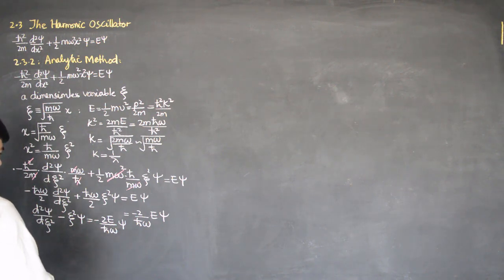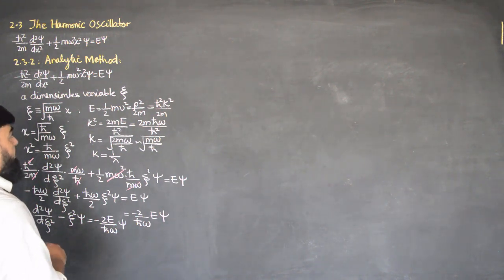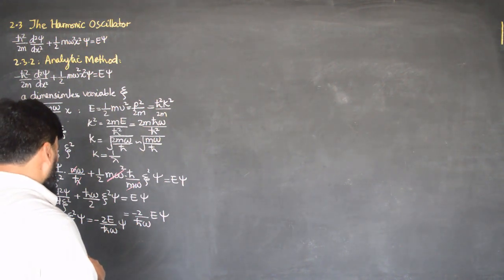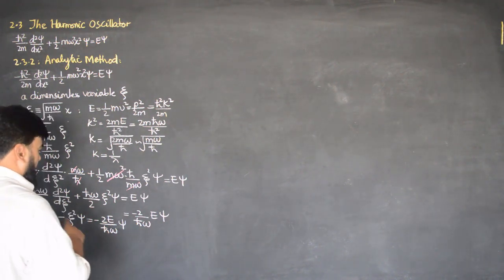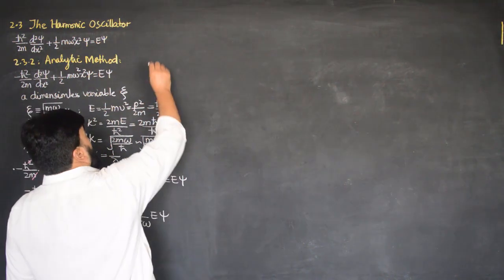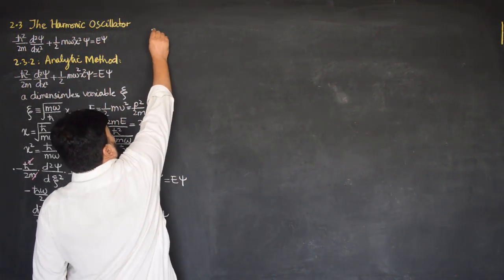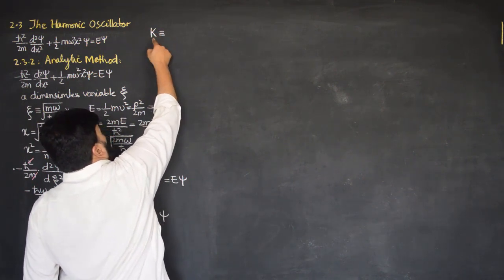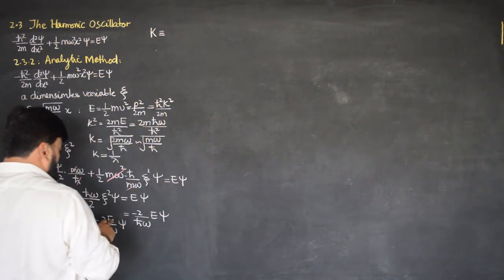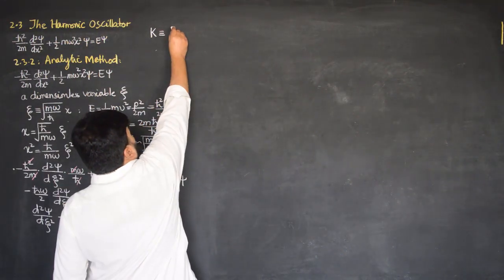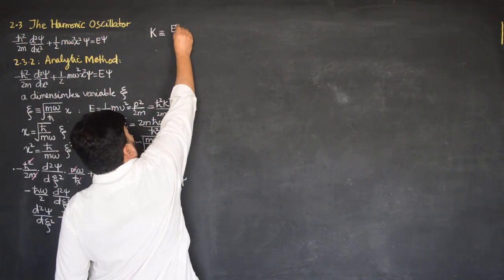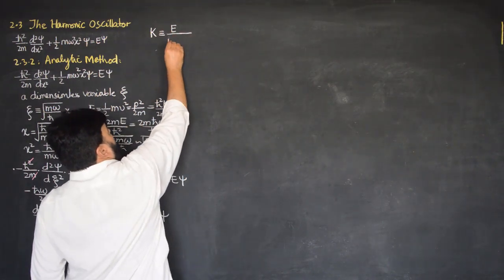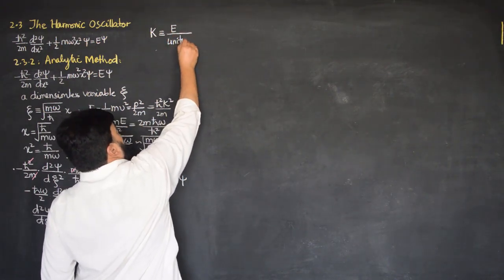Now here let me define another quantity, capital K, which is not a wave number, but I define it as the energy divided by the unit energy.